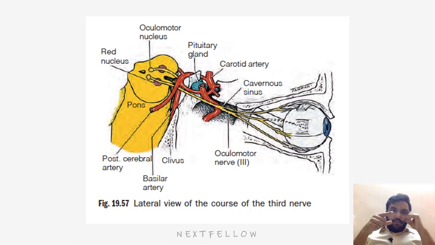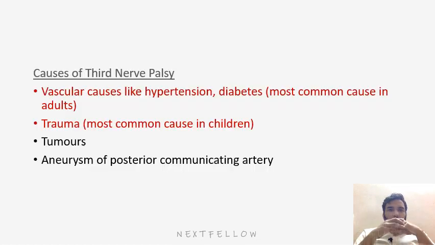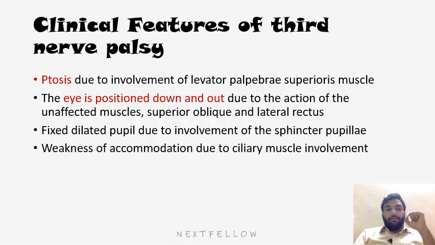The third nerve starts in the midbrain at the superior colliculi and then goes through the red nucleus, then is near the posterior communicating artery, and passes through the cavernous sinus into the superior orbital fissure and into the orbit. Causes of third nerve palsy include vascular causes such as hypertension and diabetes, where I told you there will be pupil sparing; trauma, most common in children; tumors; and aneurysm of the posterior communicating artery, very typical, that is isolated third nerve palsy.